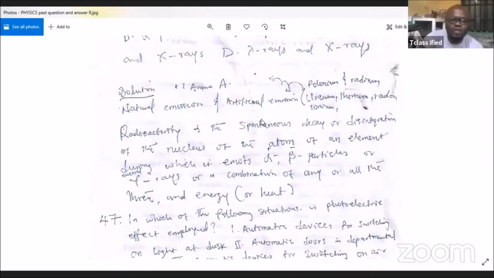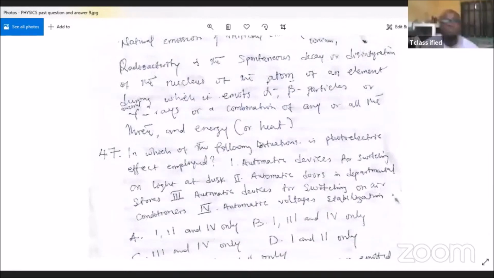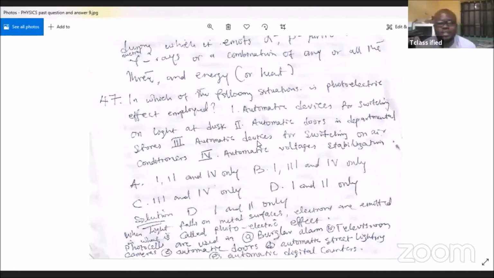Okay, let's move on to question number 47. In which of the following situations is the photoelectric effect employed? Where do we use the photoelectric effect? Is it in 1, an automatic device for switching on lights at dusk? 2, automatic doors in departmental stores? 3, an automatic device for switching on air conditioners?